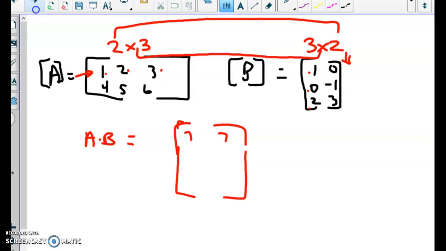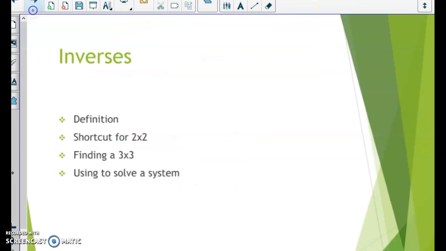And then to get the bottom row, I'm going to take the bottom row times the first column, which gives me 4 plus 12 is 16, and 18 minus 5 is 13. So multiplying matrices, got to know how to do that.